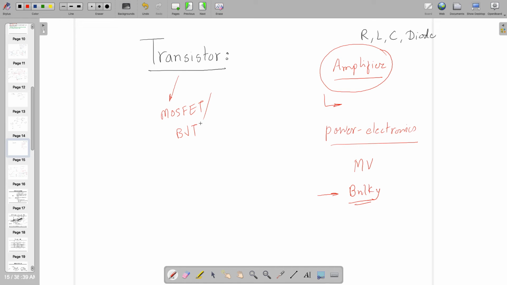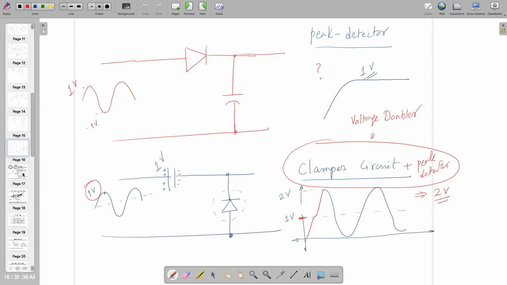But in the case of power electronics, you have to revisit RLC and diode. I suggest if you are having problem in understanding diode circuits, you can follow that, right? I'm going to keep one surprise quiz on that. Okay, so please study that. There are very few circuits, right? Rectifier, circuit detector, clipper, clamper, right?